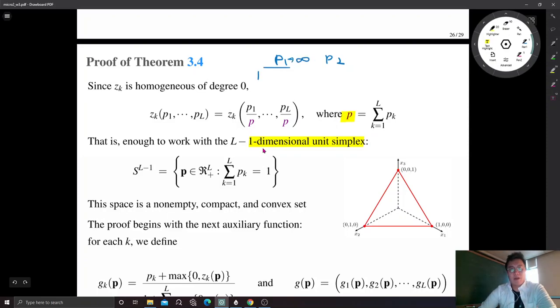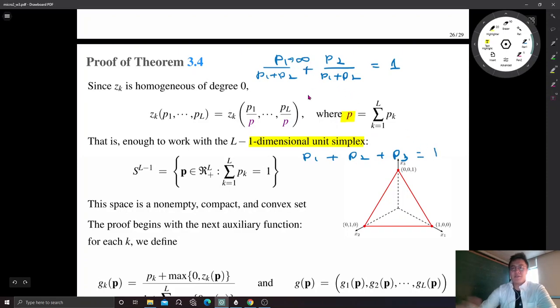But after normalization, dividing by the sum of prices, each price is a number between 0 and 1, and their sum is equal to 1. In case of three goods, p1 plus p2 plus p3, after normalization we divide each price by the sum of prices, and p1, p2, p3 is a number between 0 and 1, and their sum is equal to 1.